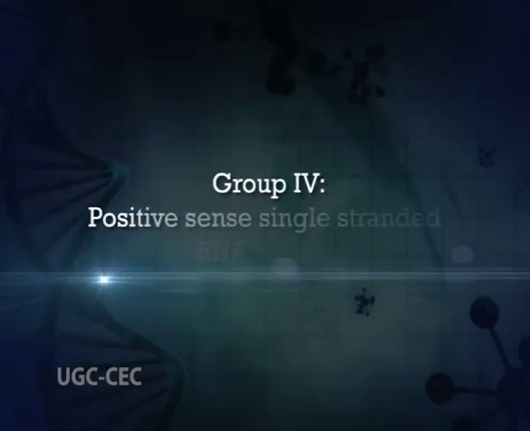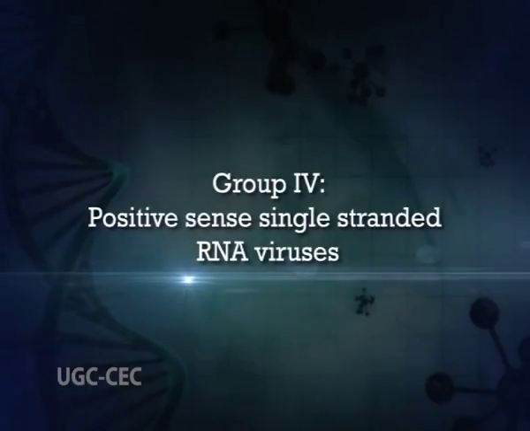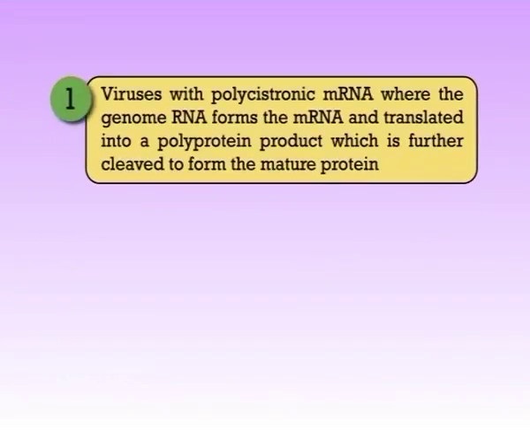Next, we'll see the Group 4 viruses, that is positive-sense single-stranded RNA viruses. Group 4 viruses reproduce in the cell cytoplasm, and the viruses in this group are further divided into 2 groups. The first group includes the viruses with polycistronic mRNA, where the genome RNA forms the mRNA and is translated into a polyprotein product, which is further cleaved to form the mature protein.